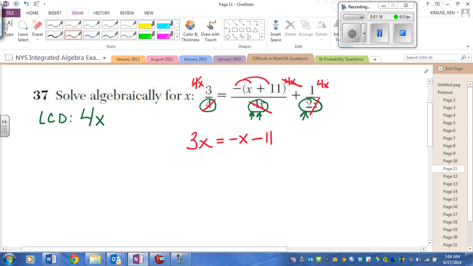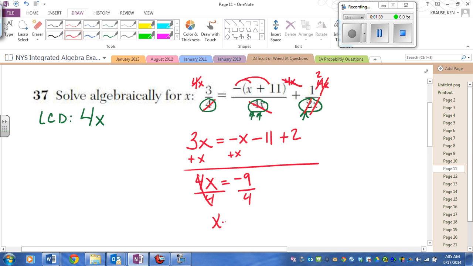The x's cancel, and 2 goes into 4 twice, so that leaves us plus 2. I'm going to add this x over, and I get 4x equals negative 9. Divide by 4, divide by 4, and I get x equals negative 9 over 4.